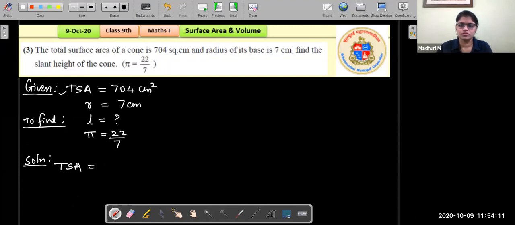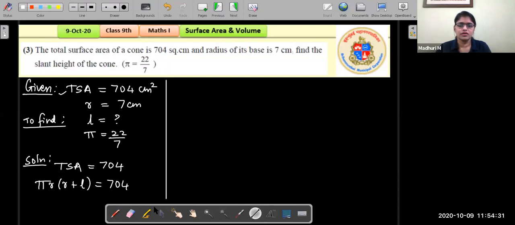And what are we going to do next? We will replace TSA with the formula. What is the formula? That is pi r (r plus L), which is equal to 704, right? And now you can clearly see that just substituting and solving for L, we can get the answer, right? So once again, let me write it out over here.